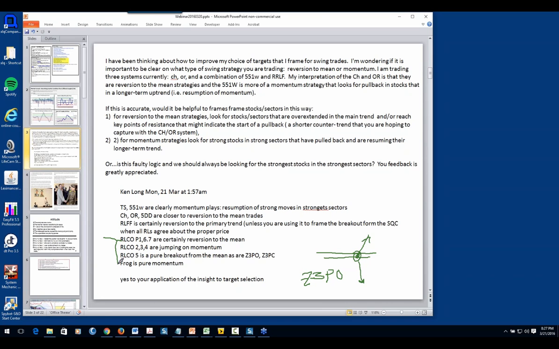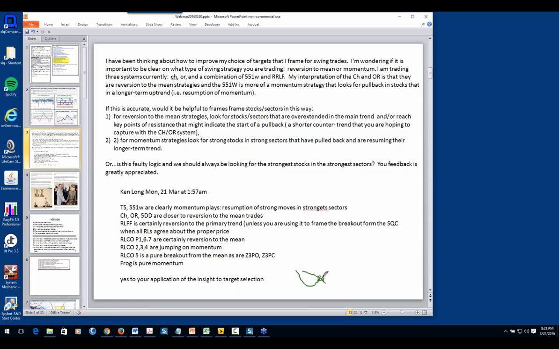Now, inside the RLCO framework, 1, 6, and 7 are certainly reversions to the mean. No doubt about that. Pattern 1 is that the 10 has crossed over the 30.